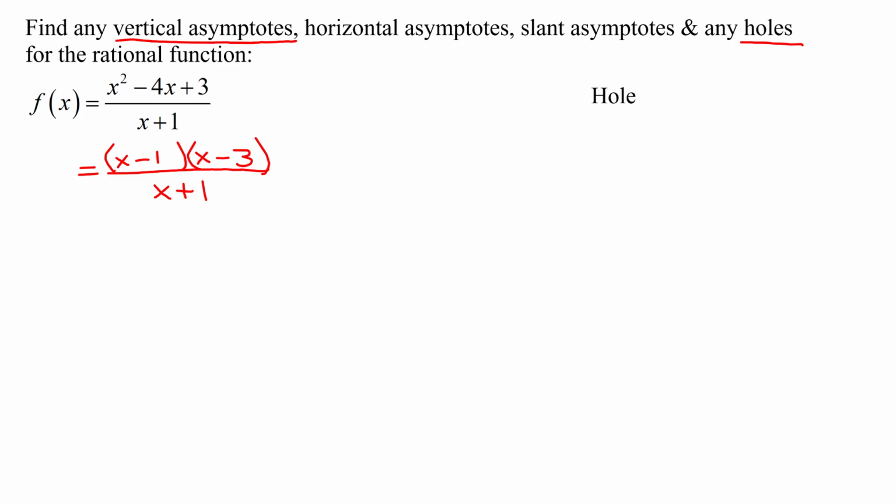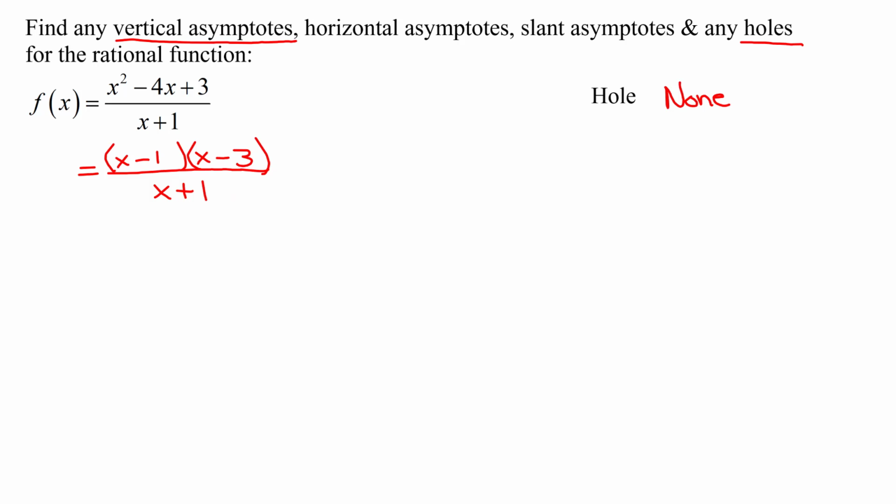And since holes come from reducing a common factor between the numerator and the denominator, I know in this case there are no holes. But I still have a denominator here, so I know I'm going to have a vertical asymptote.